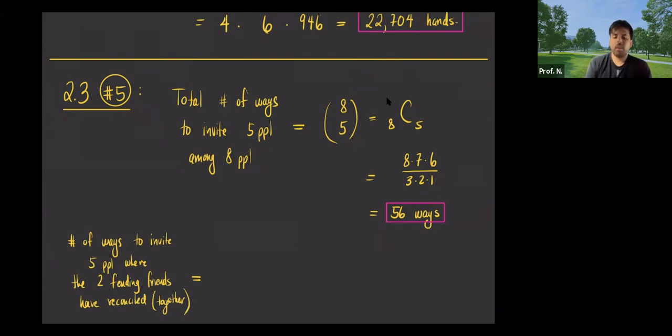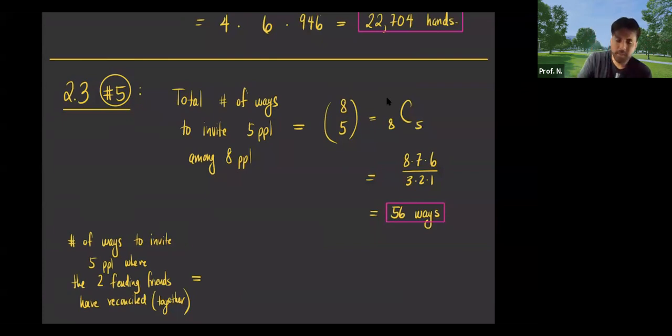What if the feuding friends are on good terms again, and you want them to be invited in this group of 5 people? How many ways is that? Isn't that the same? No, I'm saying I want them to be included in the 5.